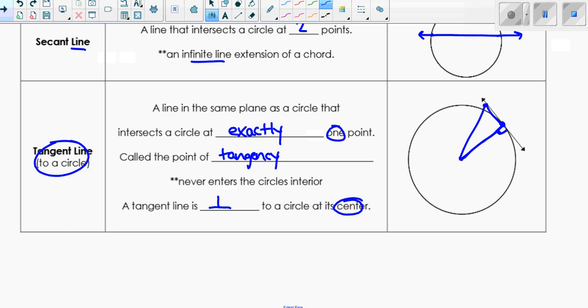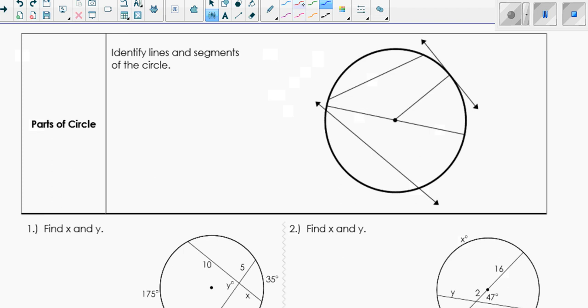All right, so let's flip over and let's go through some examples. First, let's identify and let's label every part on this circle. So we just talked about, this is the point of tangency. This line outside that hits at exactly 1 place is called a tangent line. This line segment right here that comes from the center and hits the circle is called a radius.